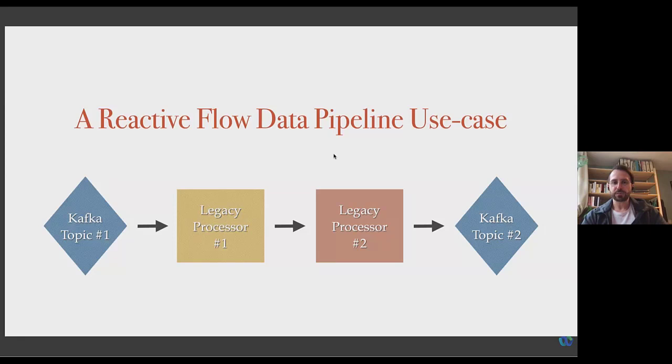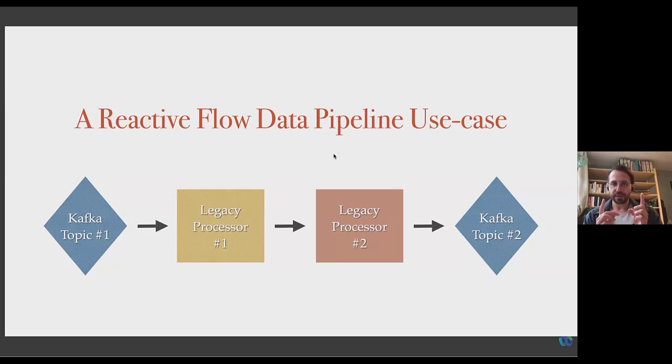What's important to know here is that not only the shapes are important, but the arrows connecting them are really key. We have chosen communication methods between all these pieces that use back pressure all the way from the very beginning to the very end. By doing so, we leverage Akka Streams for the first legacy processor, which is a streaming tool from Lightbend, available for Java and Scala, the JVM languages.